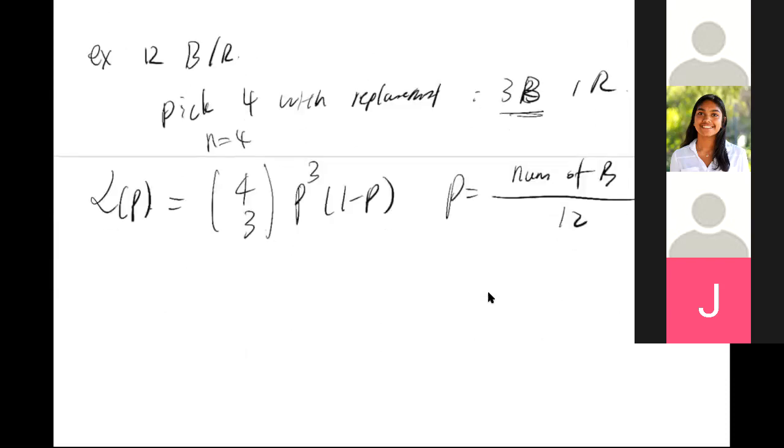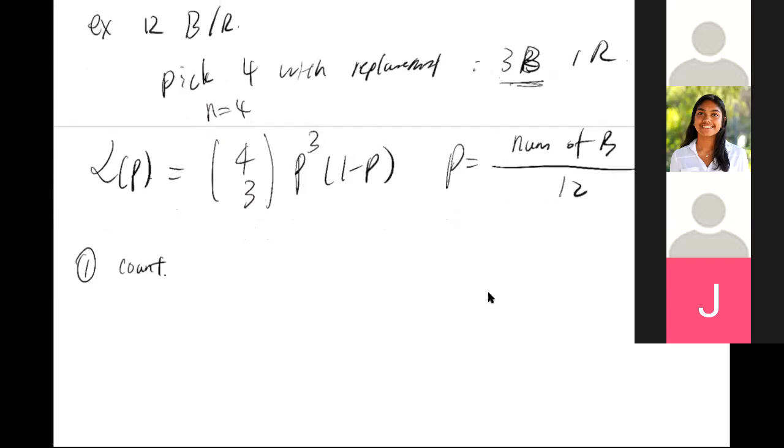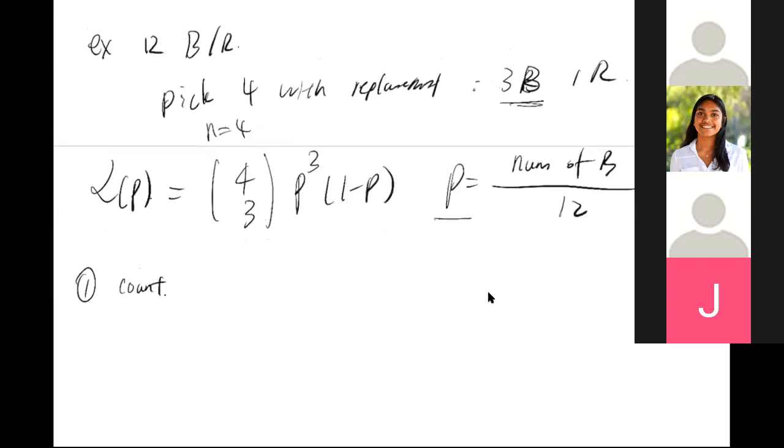And moving forward, there are at least 2 ways to solve the maximum likelihood problem. The first way is to count. Because this is a binomial random variable, we can have 0 blue, 1 blue, 2 blue, up to 12 blue marbles. So p can only be 0 over 12, 1 over 12, up to 12 over 12.